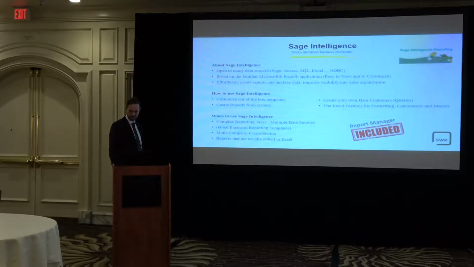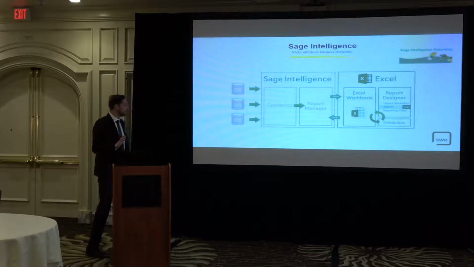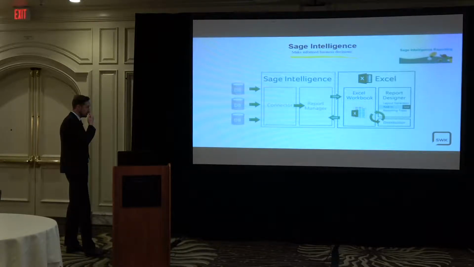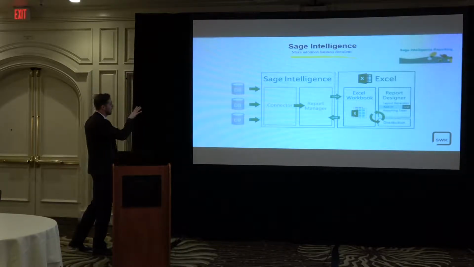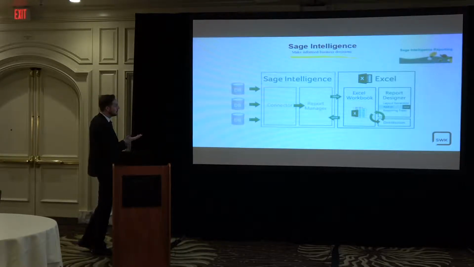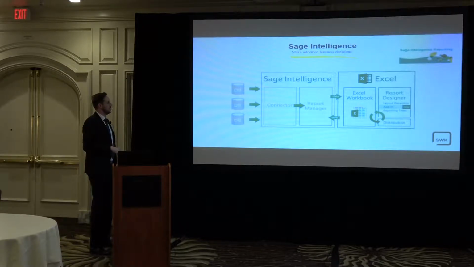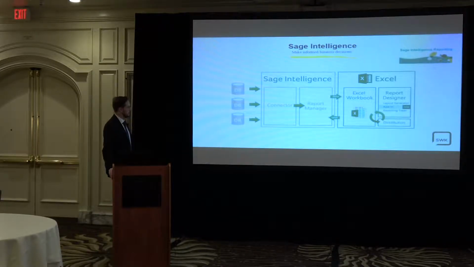All right, so let me quickly show you how that works. As I said, we can connect into different databases. One database is the Sage 100 database, of course, and then we can connect into all these ODBC databases.